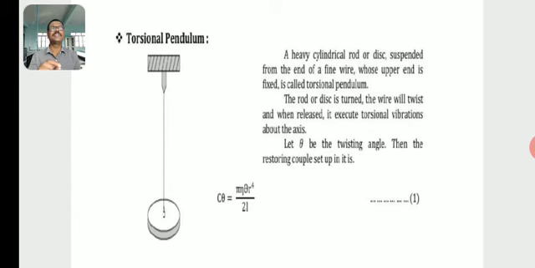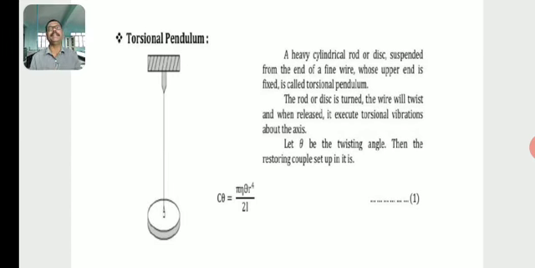The rod or disc is turned, the wire gets twisted, and when released, it executes torsional vibrations about the axis, about the fine wire.